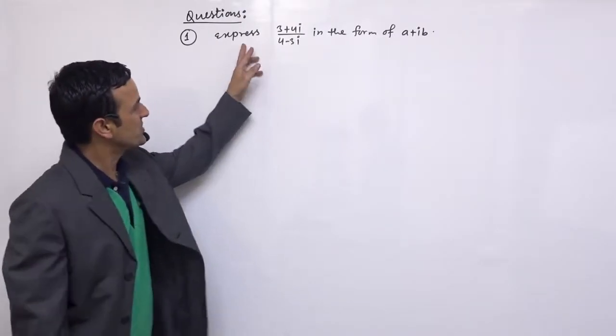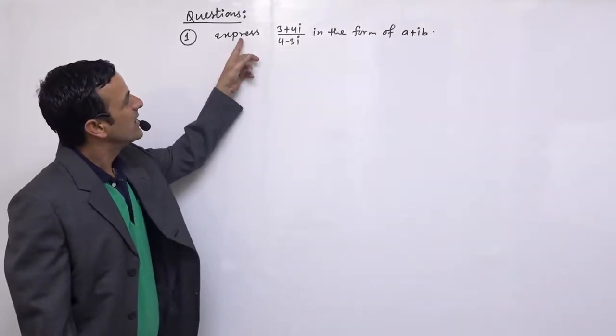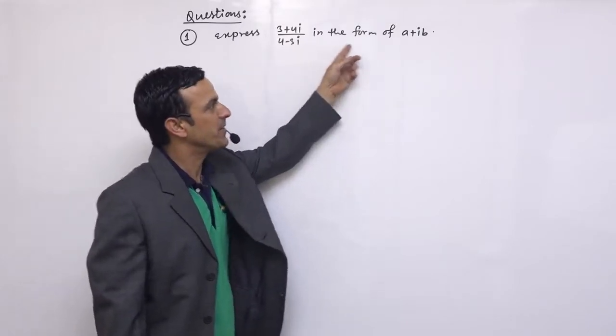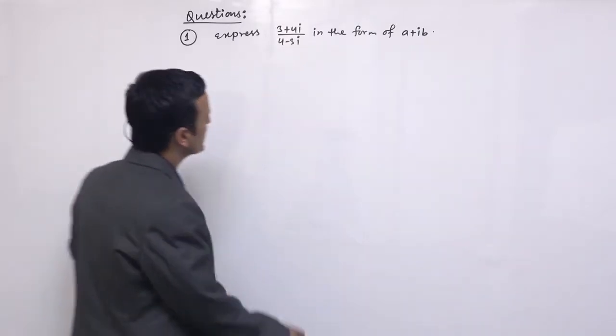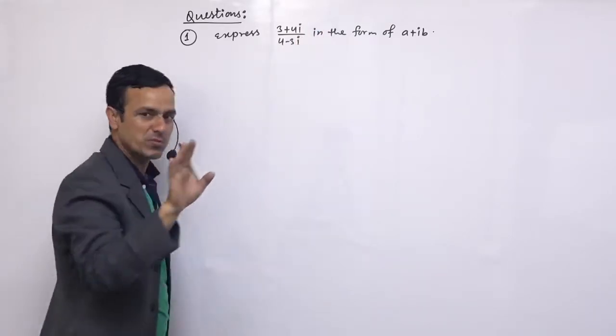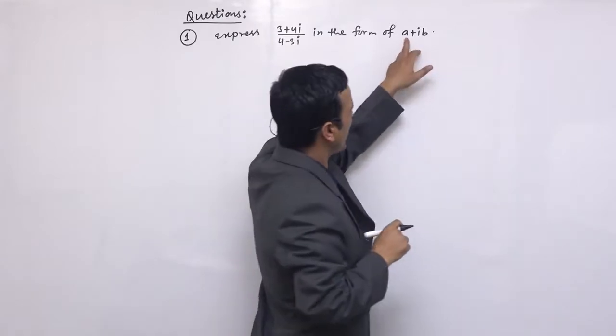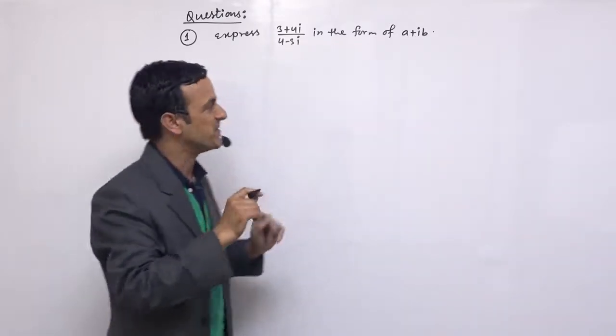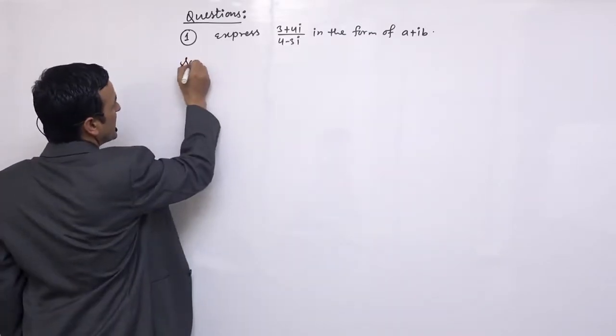So this is a question related to complex numbers. Express 3 plus 4i upon 4 minus 3i in the form of a plus ib. So here is i also, here is i also. So remove i from the denominator, then we are able to convert this number into a plus ib. So let's write like this.